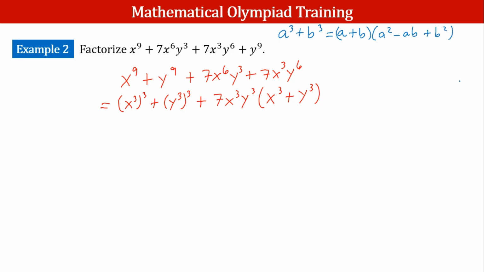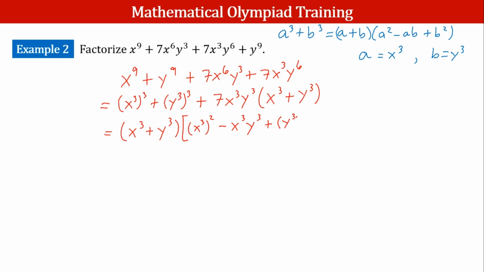Okay, so here we let a be equal to x cubed, and b be equal to y cubed. So applying the formula, we must have x cubed plus y cubed times x cubed squared minus x cubed y cubed plus y cubed squared.